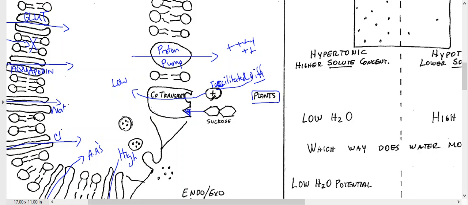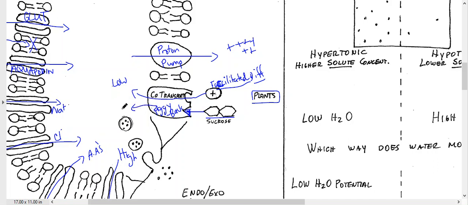When these protons do that, sucrose takes advantage of it. Sucrose is going to piggyback and take this opportunity to get carried along with the proton and move into the cell.